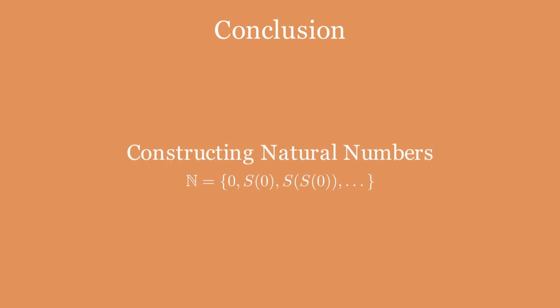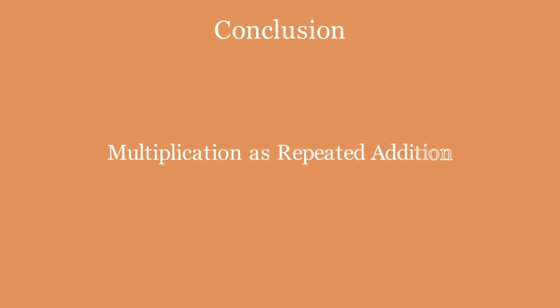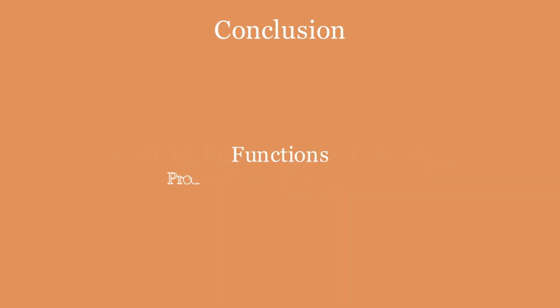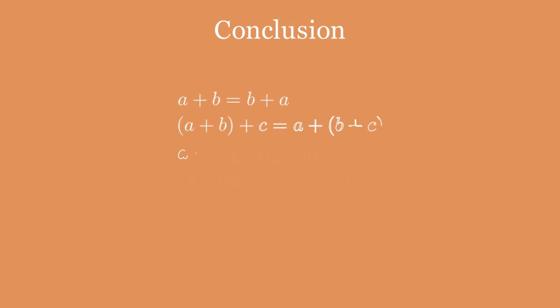We proceeded to define addition, which didn't seem intuitive at first, but certainly aligns with our everyday life calculations. We then defined multiplication as repeated addition. Eventually, we ended up describing what addition and multiplication are in terms of functions. There is a lot more underlying stuff, and some of it will be addressed in a future video.